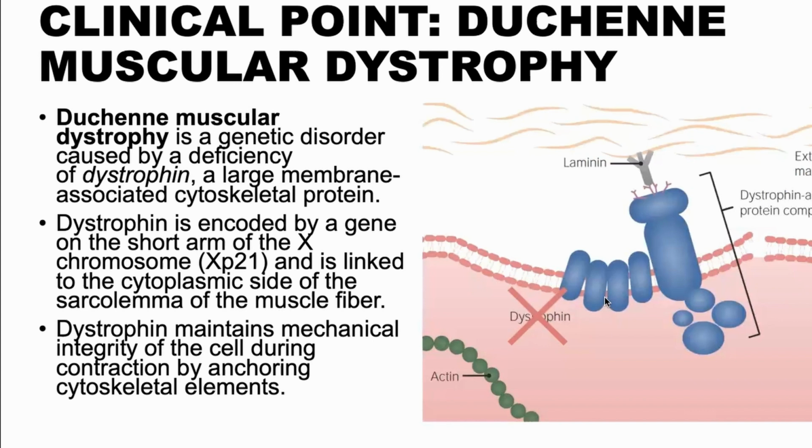So you have a very unstable muscle, and an unstable muscle is a weak muscle, because if the actin is not stabilized, remember, it's the actin filaments that are pulled or shortened for contraction to take place. Imagine these people have weak muscles and can't really initiate muscle contraction. As we can see here, dystrophin maintains the mechanical integrity of the cell during contraction.